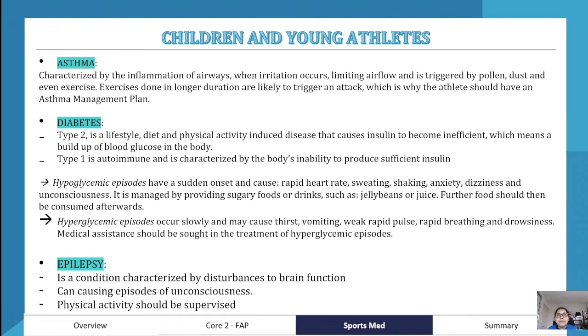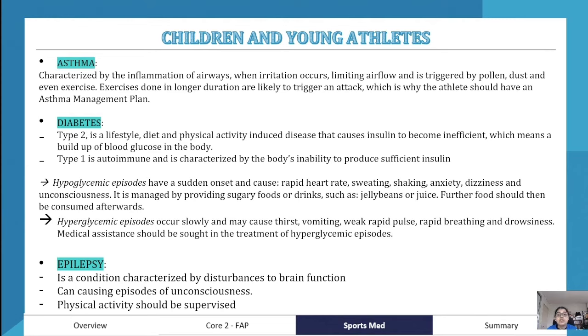So the coach, for example, needs to recognize those signs. If you get a question like this, a young athlete has diabetes, and they don't specify which one it is, but it says a young athlete has diabetes, how should a coach manage that? You should be able to tell me that the young athlete, if they have either type 1 or type 2 diabetes, both of which affect the ability of insulin to control and regulate glucose levels, and that can result in hypoglycemic and hyperglycemic episodes.